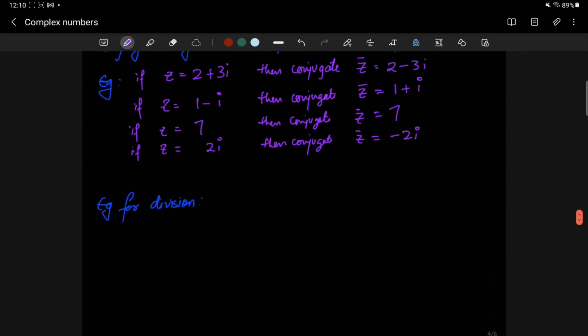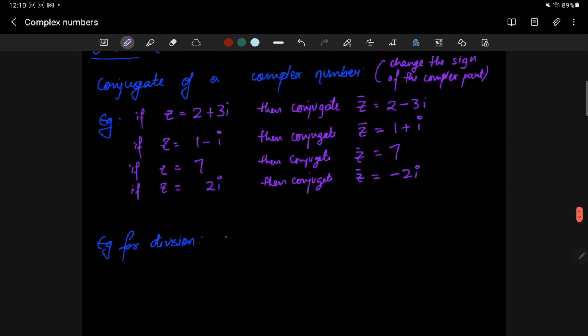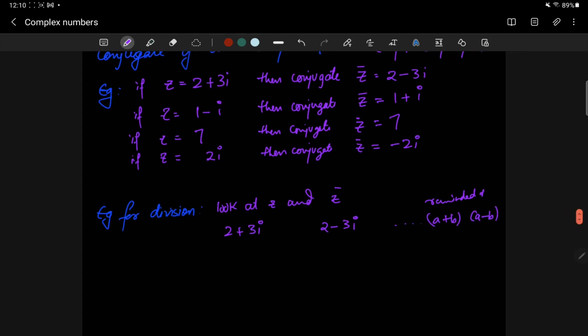For division, why do we use this? If you look at z and z bar, so here 2 plus 3i and 2 minus 3i, this should kind of remind you of a plus b and a minus b, which we know that if you multiply, you get a squared minus b squared.